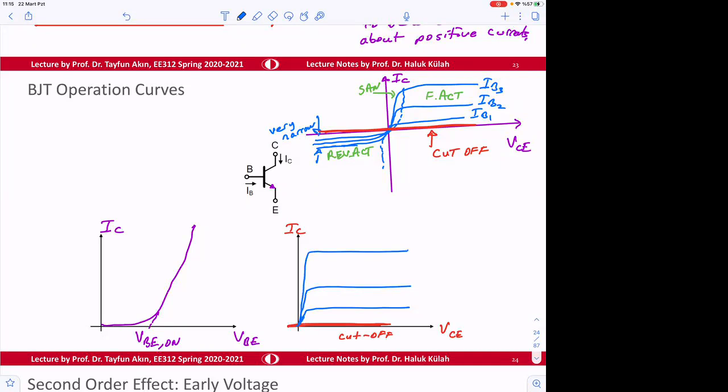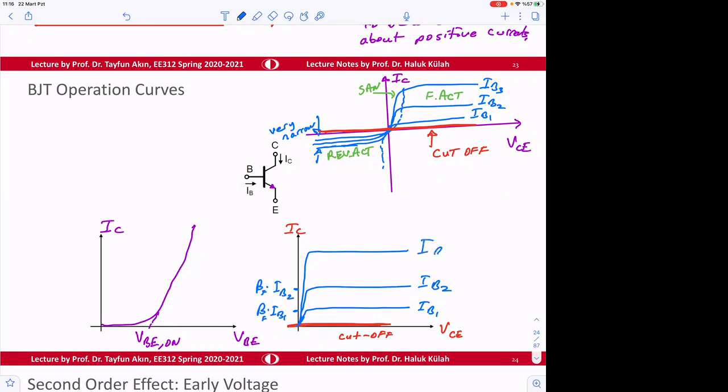So this is going to be I base 1, and the IC current related to that is going to be beta times I base 1. If this is I base 2, this current is going to be beta forward times I base 2.